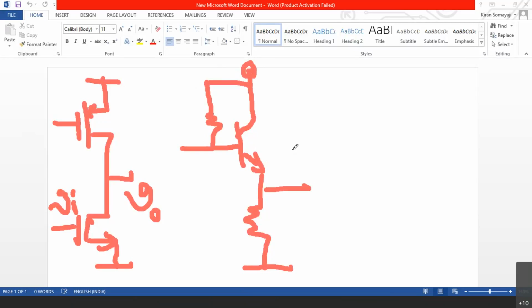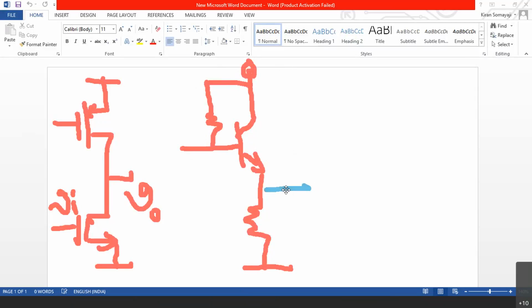Now this was emitter follower circuit with BJT. This was input, this was output. Output was taken at the emitter. Collector being at AC ground, it is common to base and emitter. So it is called common collector configuration.